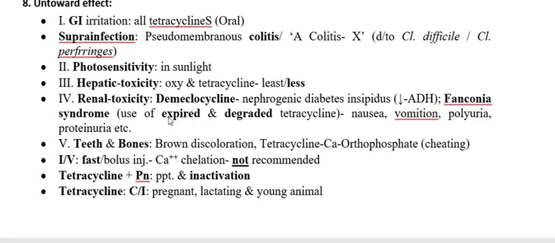Therefore, you have to be cautious before using tetracycline. You have to see the date of expiry of the drug, because this is going to produce toxicity. Not only that, somewhere in field conditions, you will find some doctors using two antibiotics together. For that, you have to be aware.